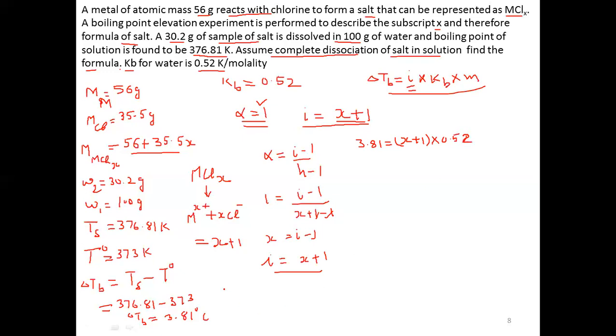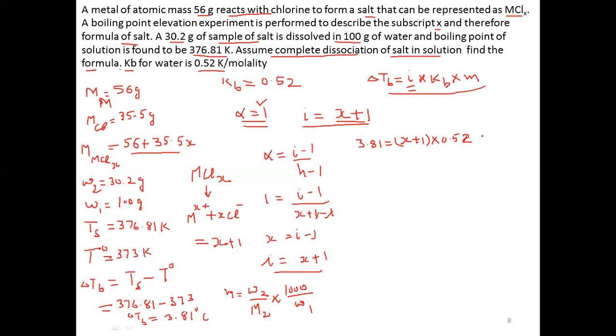Now I will write the formula for molality here: W2 divided by M2, into 1000 divided by W1.